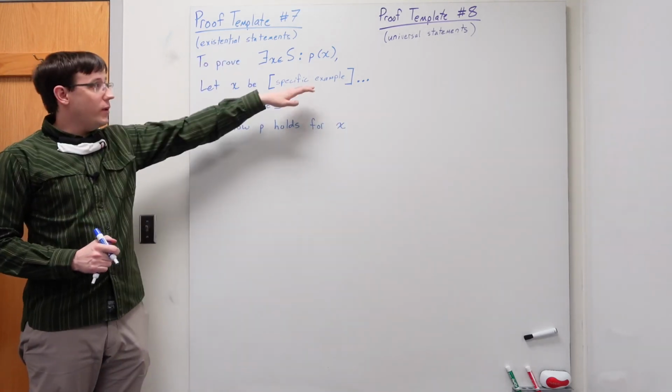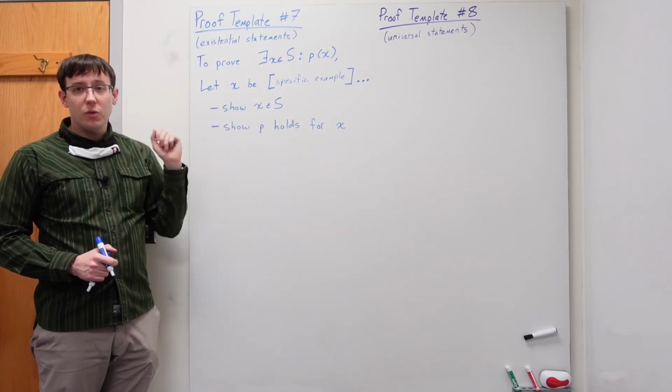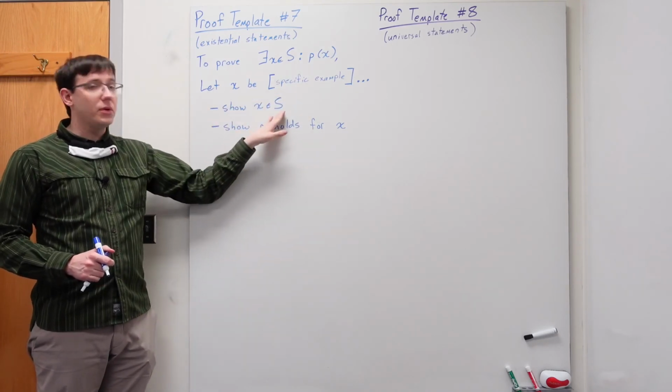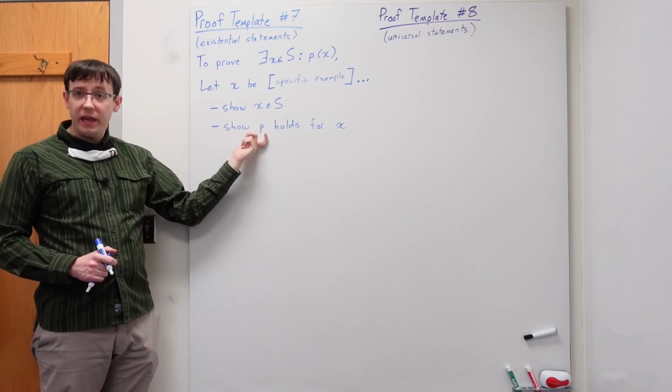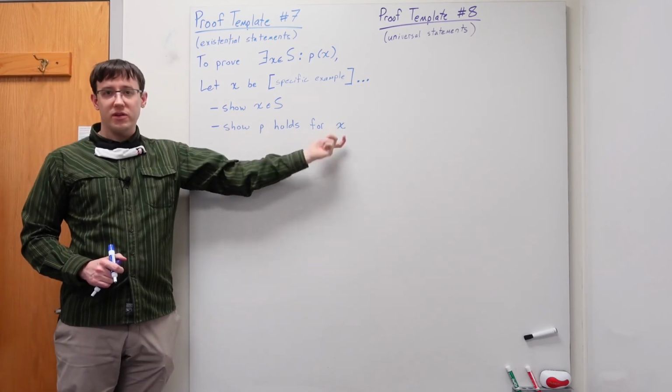And then, if we have a specific example, we just need to show that that example is an element of the set and that our property P holds for that specific example.